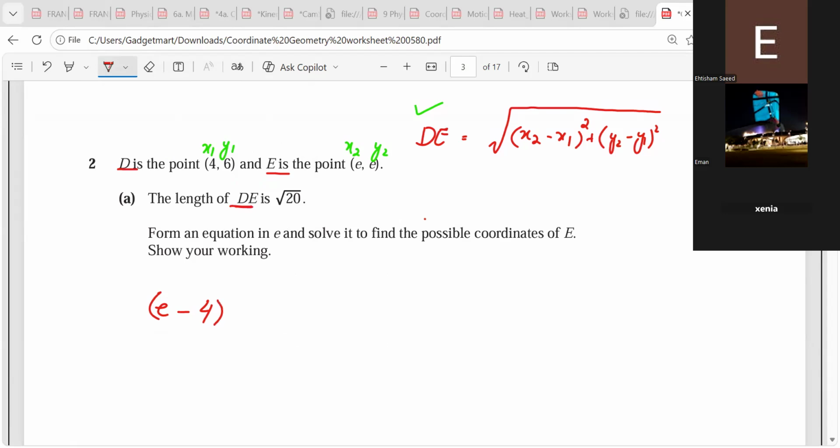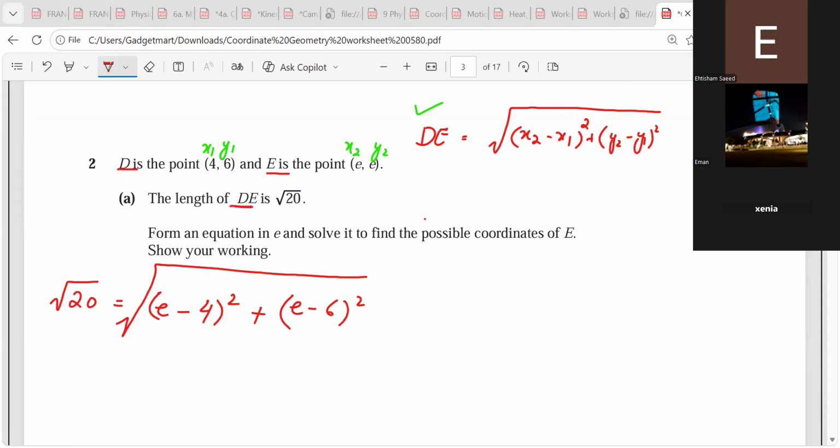So e minus 4 square plus y2 minus y1. So y2 is e minus 6 square, right? So then taking its square root, and we have already known that d is equal to square root 20.